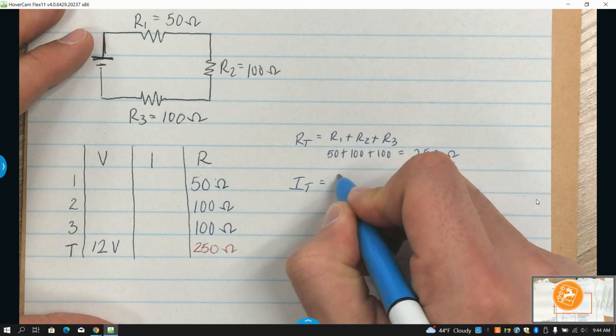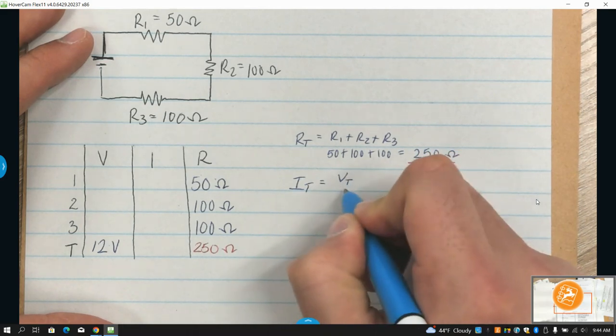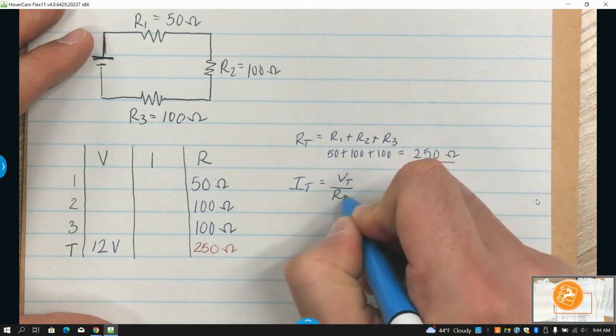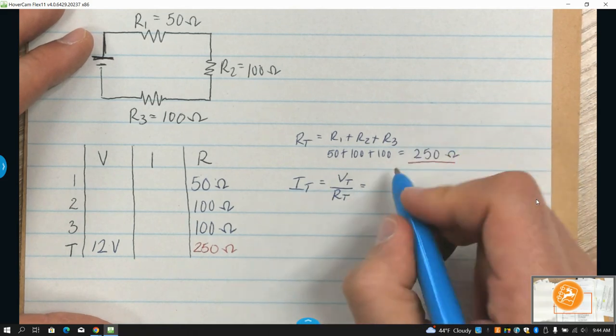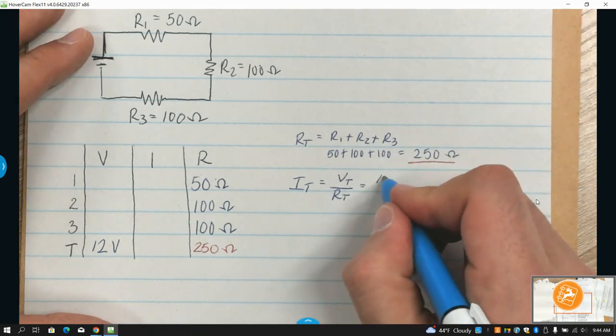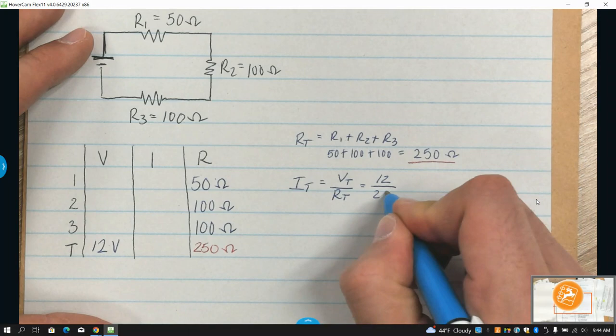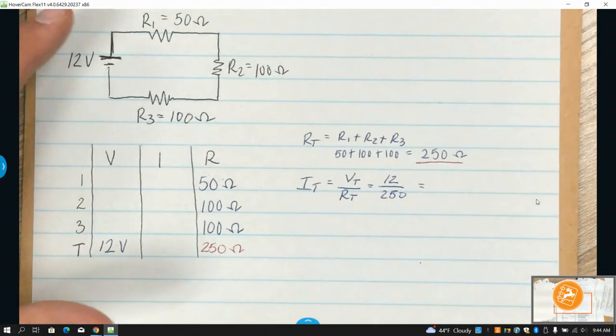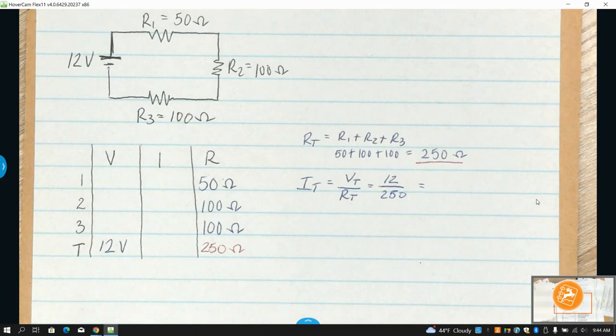So IT will be equal to, according to the triangle, VT over RT. So if I do 12 over 250, that comes out to be 0.048.